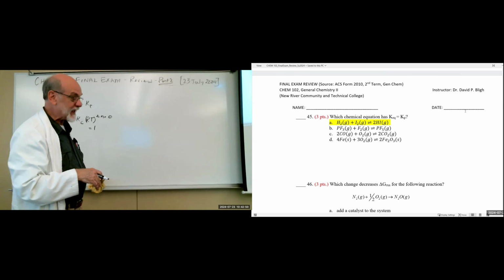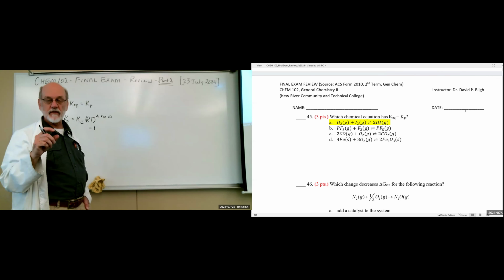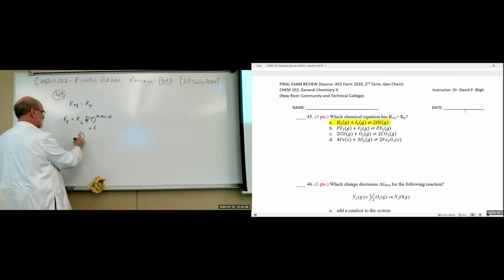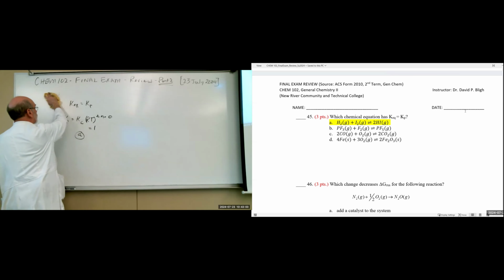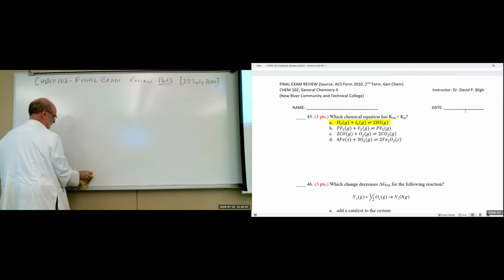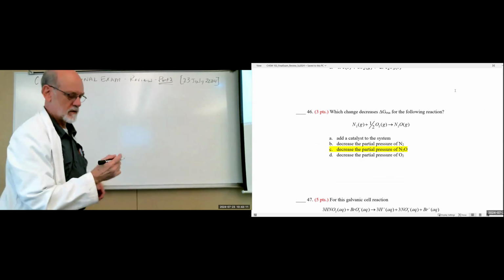So A is the only one that will give us delta N of 0. So A is the only answer that will satisfy 45.